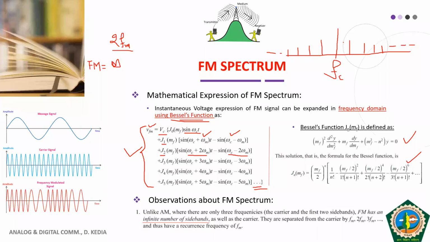Here you may notice on the slide that I am continuously decreasing the amplitudes, so this may not exactly follow in the same fashion. I will clarify this point in the next slide also, but you should keep in mind that the various sidebands have varying amplitudes, and you have an infinite number of sidebands.